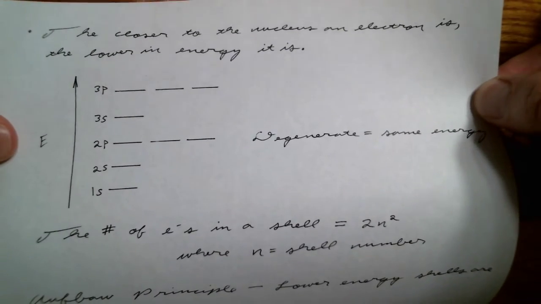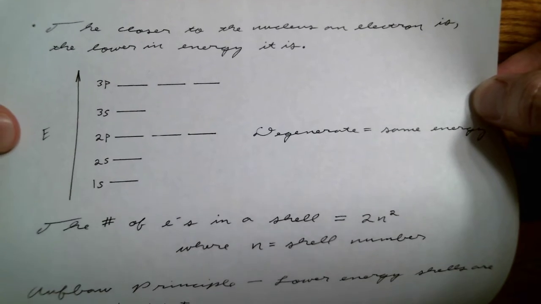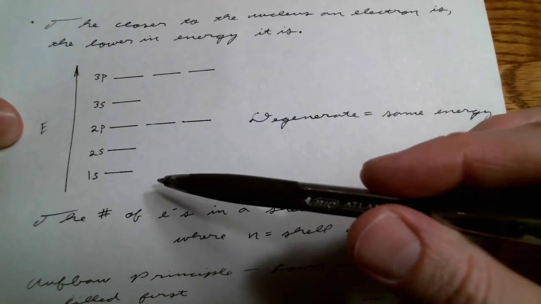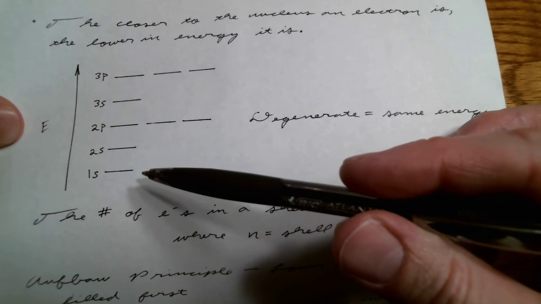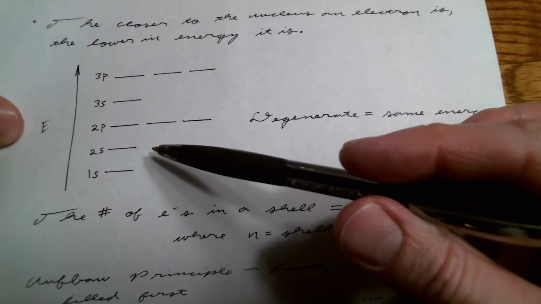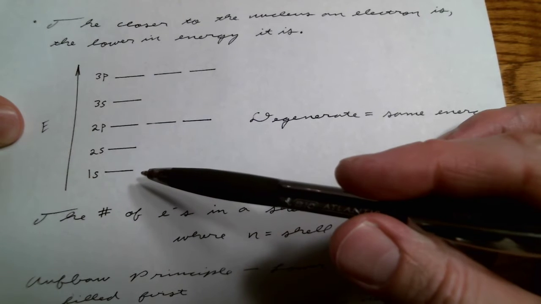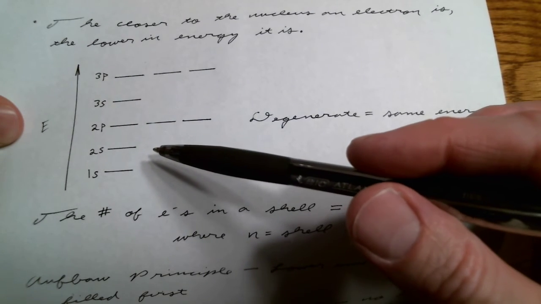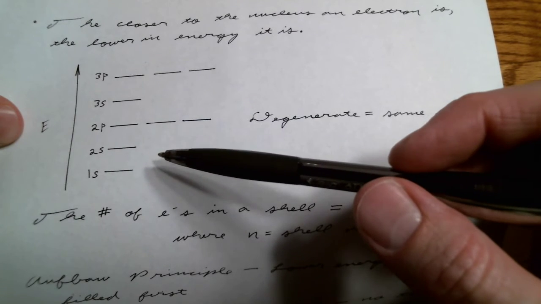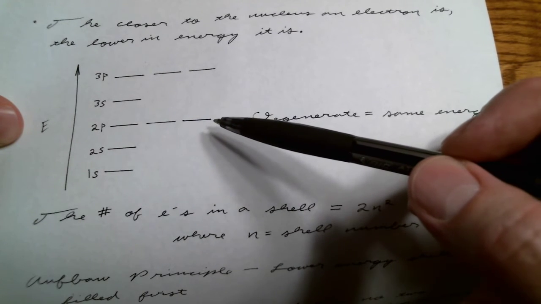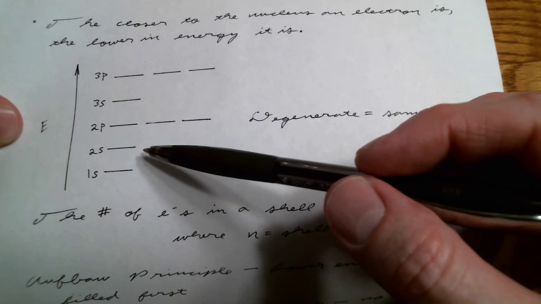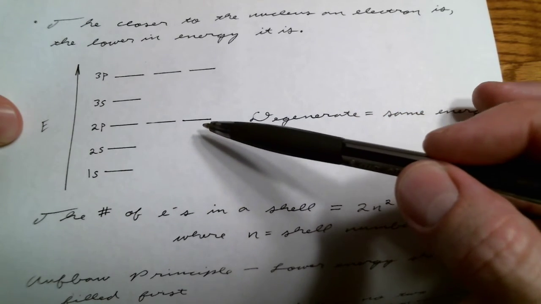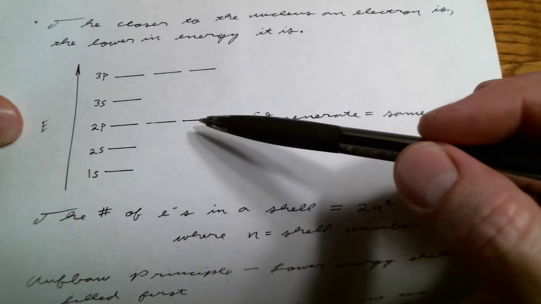So the closer to the nucleus an electron is, the lower in energy it is. If you remember from general chemistry, our 1s orbital is lower in energy than our 2s orbital. So typically the electrons are closer to the nucleus, as we sort of observed with our interesting plots. The 2p orbitals are higher in energy still than the 2s orbitals. I've drawn them all in line with each other at the same energy.